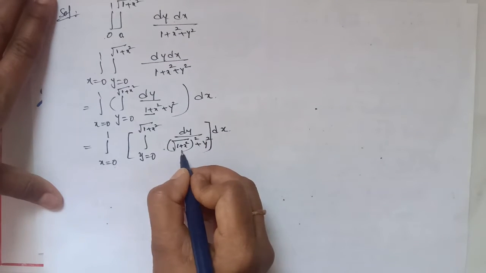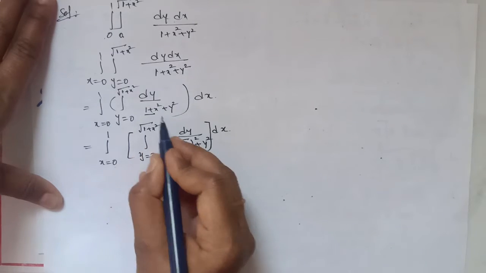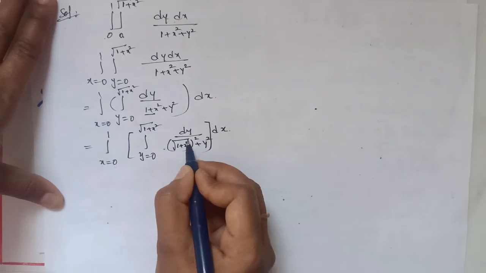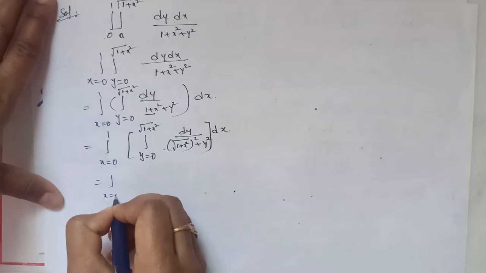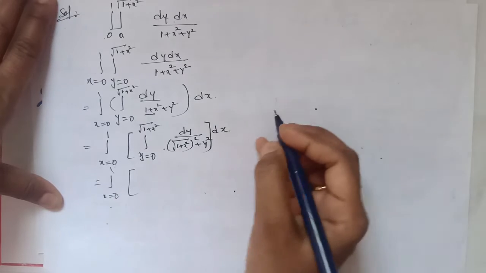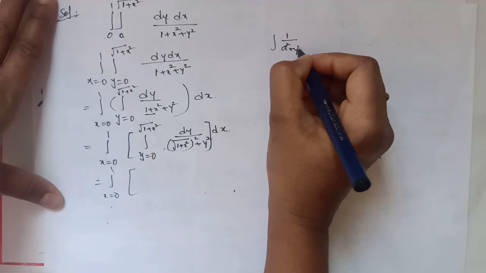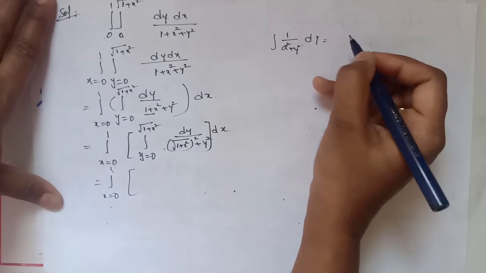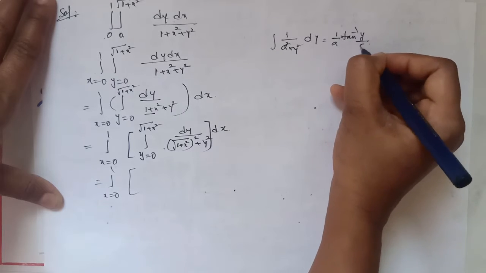First you are integrating with respect to y. Now we consider x as a constant. 1 plus x square can be written as root 1 plus x square whole square. Now if you look at this, it is in the form of integral 1 by a square plus y square dy, which is equal to 1 by a tan inverse of y by a.